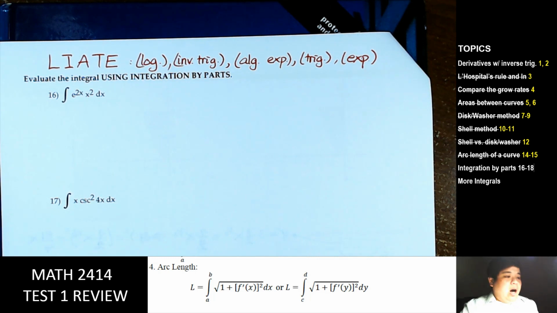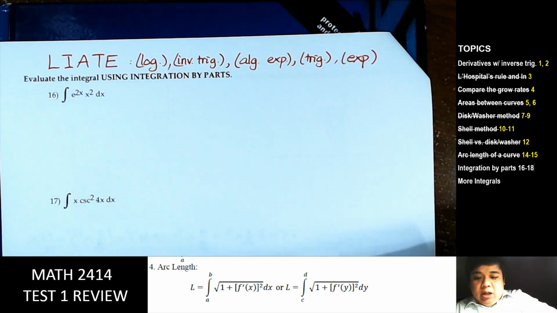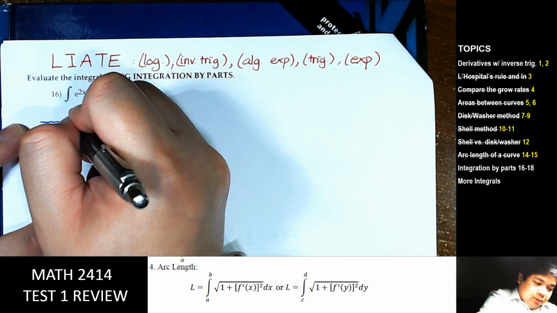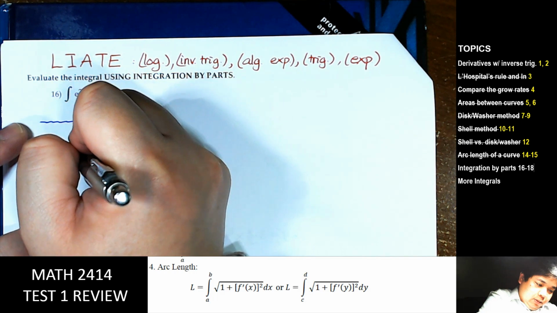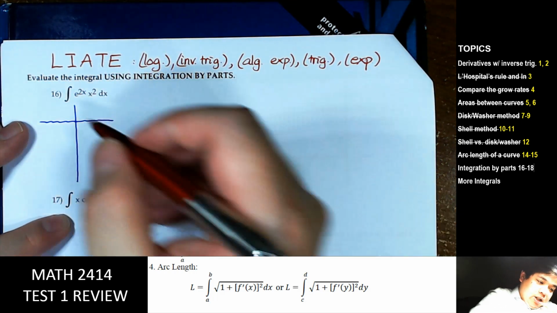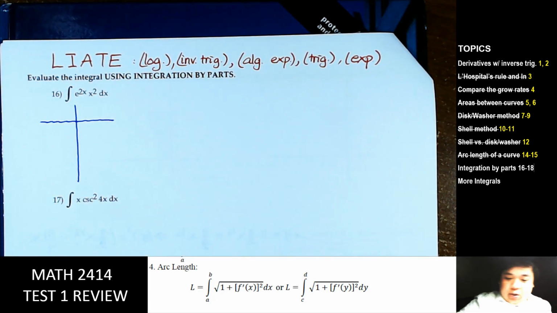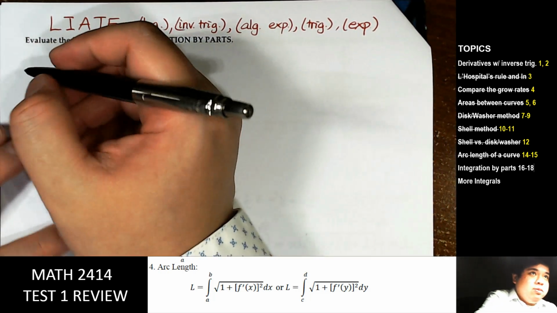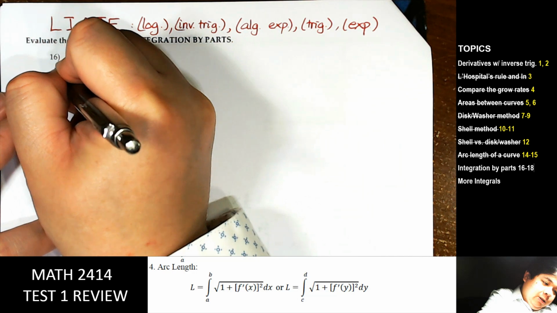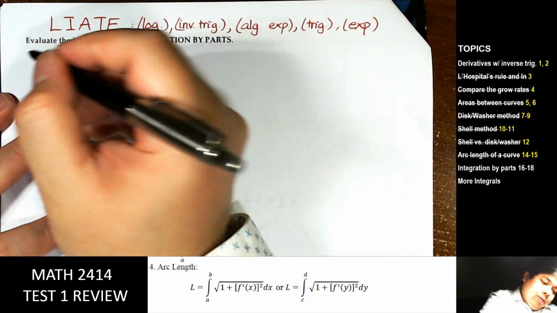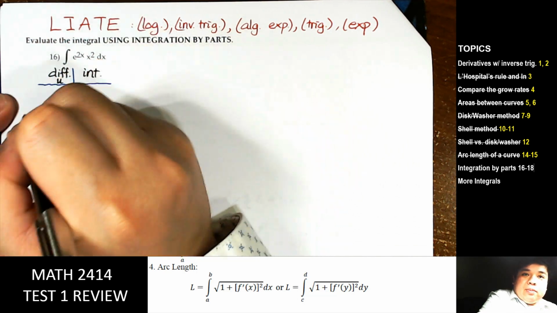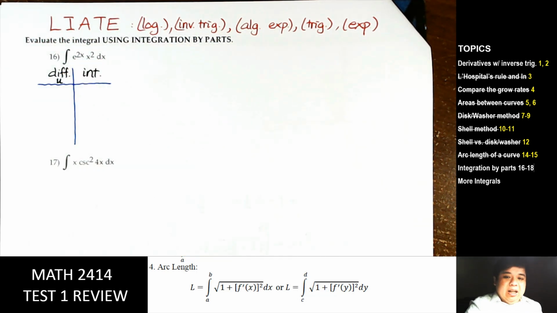So that is the order that we choose something to be u, something to be differentiated, which is u, and then something to be integrated, which is the dv.